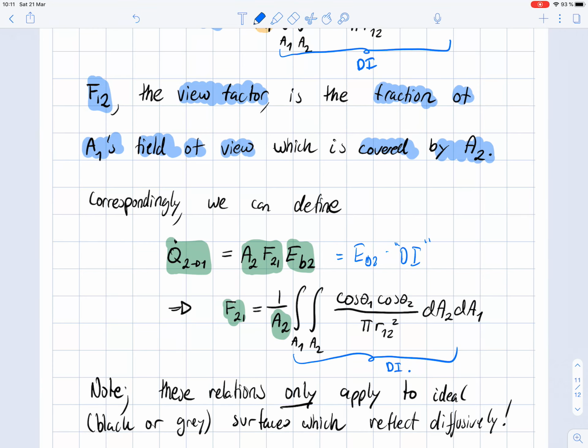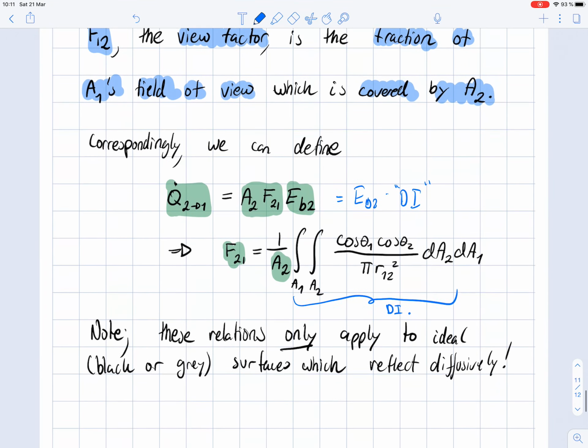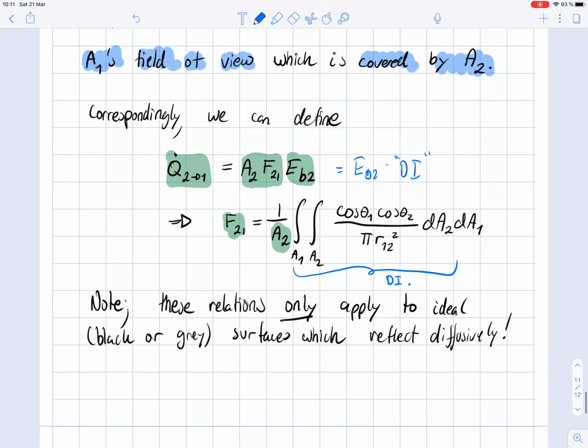In the next lecture, we will look at quite a lot of practical calculations where we use these view factors, and we will see that it is far more convenient to do that than to solve this integral for all imaginable geometries every time we need to do it. So it's a shortcut to treating real surfaces.